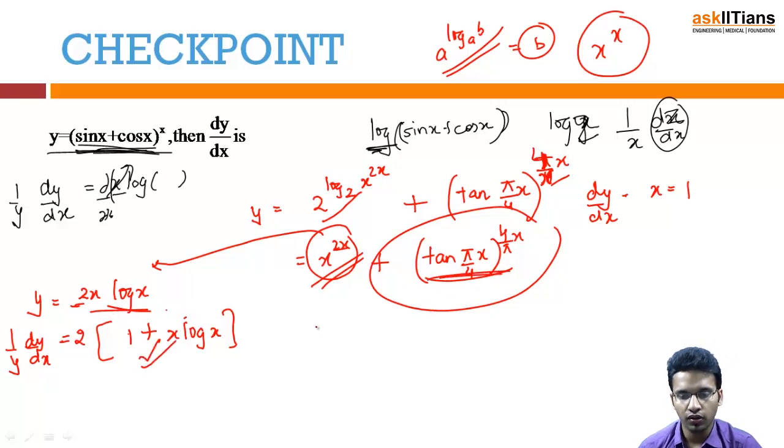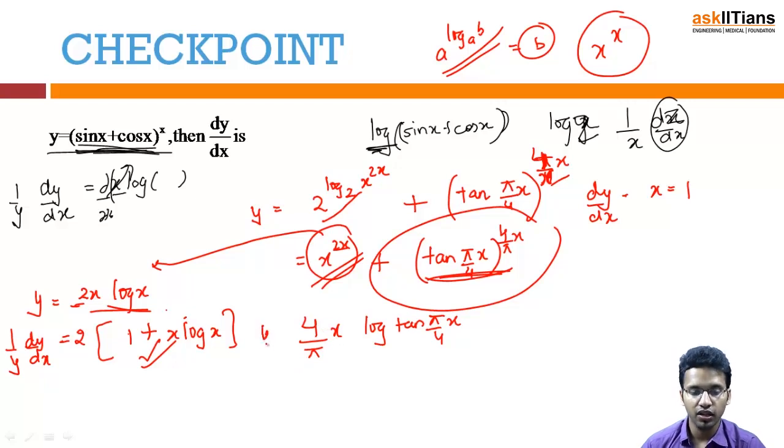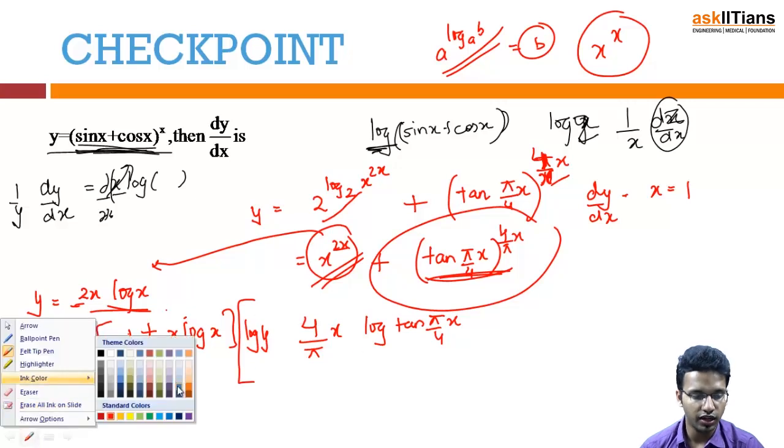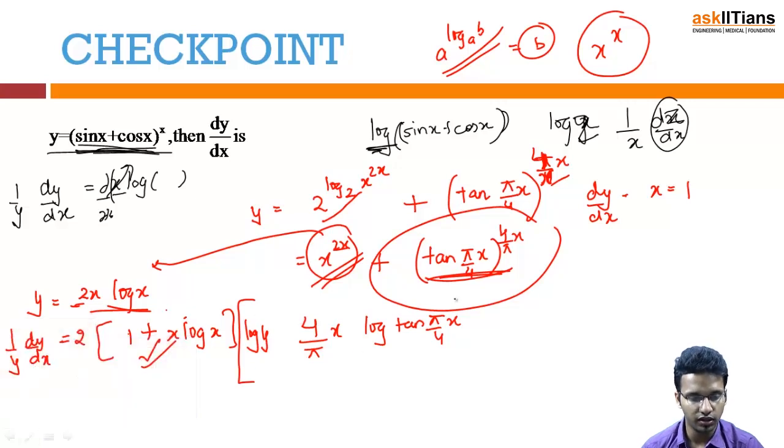Now going for this one, the same thing will appear: (4 by pi) x log tan(pi by 4x). Now this is a bit tedious. It's not difficult, but it's a bit tedious. So this is your log y. Let me change the color so that things look different.